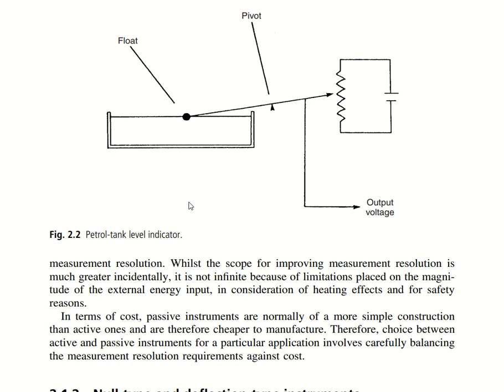Now, passive instruments are simple in construction, whereas active ones are more complex, and because of that, active ones are costlier to manufacture. Therefore the choice between active and passive instruments for a particular application involves careful balancing of the measurement resolution requirement against the cost.